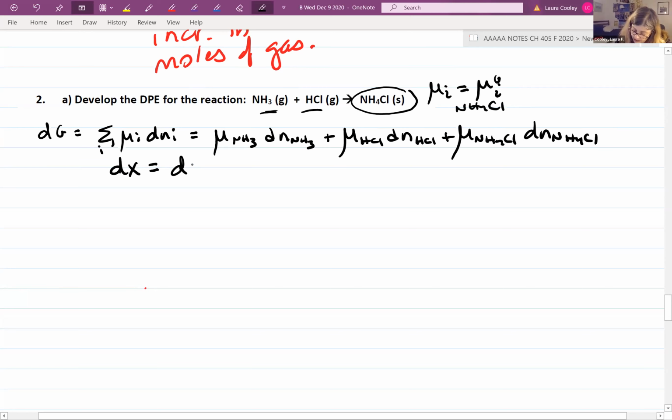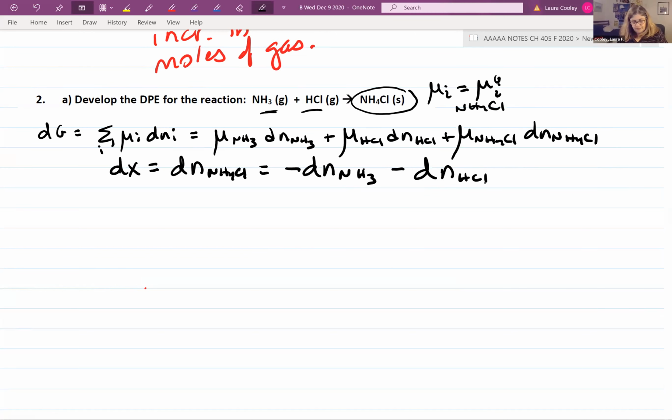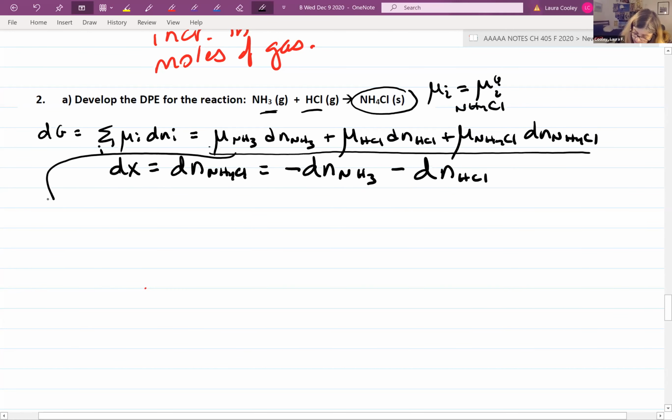So dx is the change in the moles of the ammonium chloride, or the negative of the change in moles of NH3, or minus dn HCl. So when I take this to the next step, mu NH3 times minus dx, and I should say dx is minus dn NH3, so minus dx is dn NH4Cl.